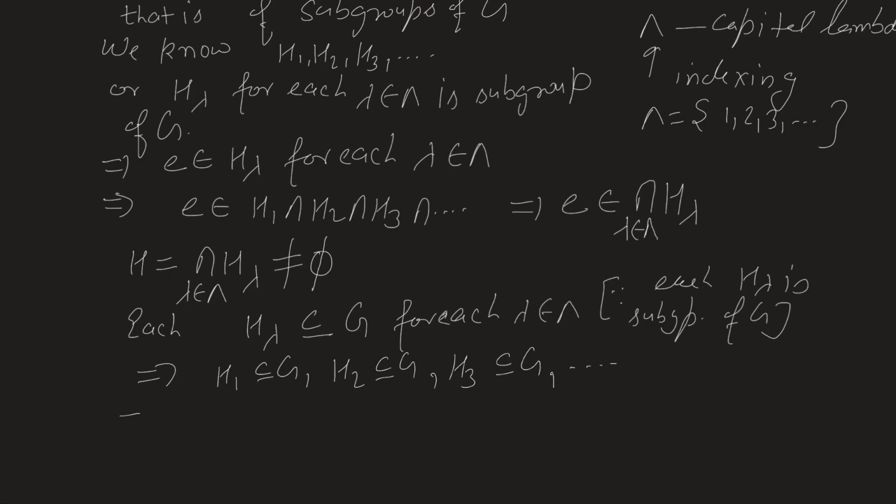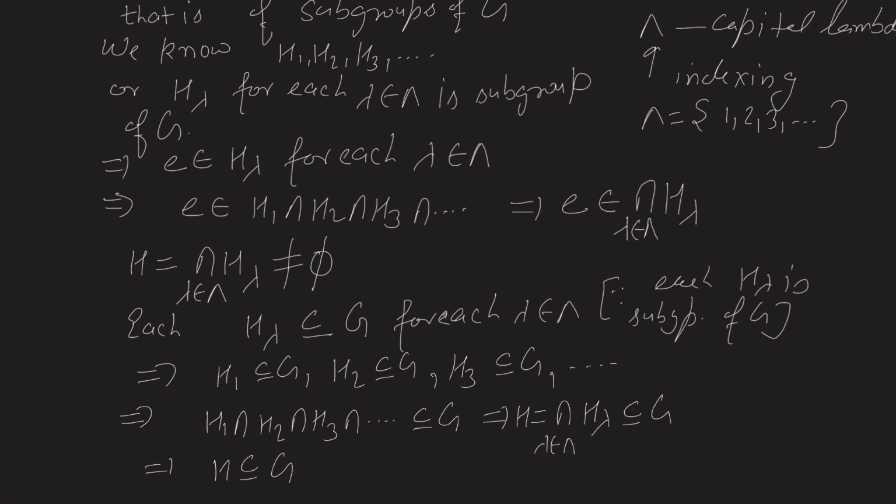So the intersection of H lambda, lambda belonging to capital lambda, is a subset of G, and this we have assumed as H. This implies that H is a subset of G, and we have already proved that H is non-empty.